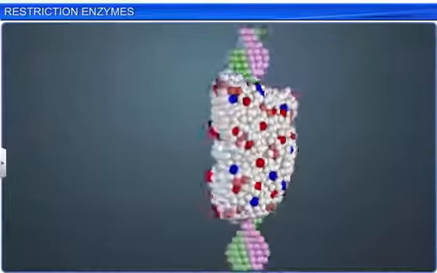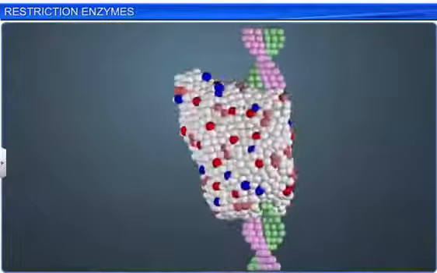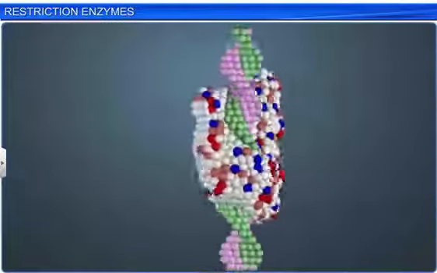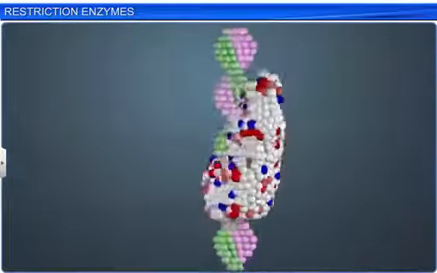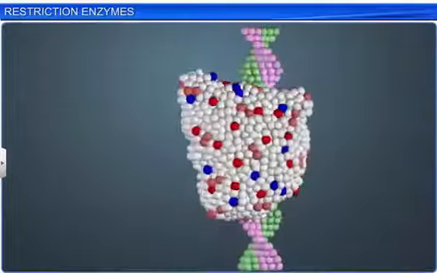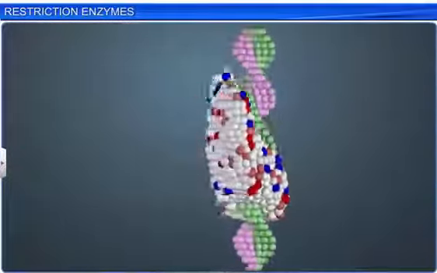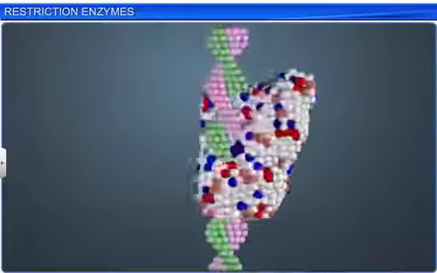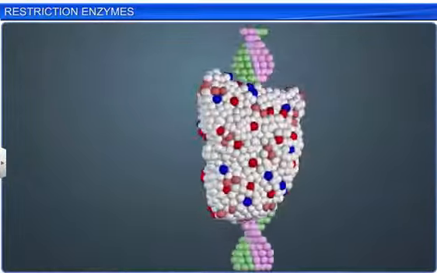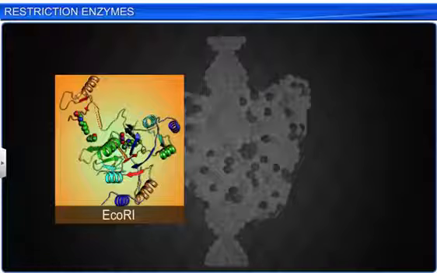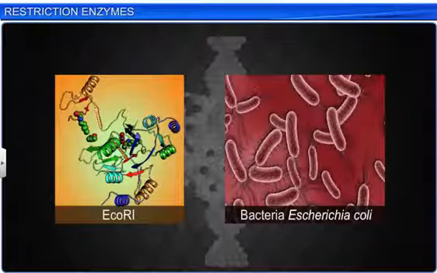Today, more than 900 restriction enzymes have been isolated from around 230 strains of bacteria, each of which recognizes different recognition sequences. Restriction enzymes are named using a specific convention. Let's take the example of restriction enzyme EcoRI, which is derived from the bacteria Escherichia coli.